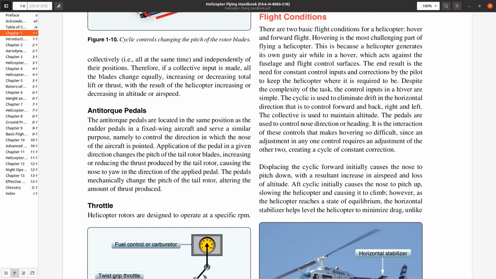There are two basic ways of being in flight in a helicopter. You're either hovering or you're going forward. Now, it's true that you could go backwards, but let's not go there just yet. Hovering is one of the most challenging parts about flying a helicopter. It's part of the reason that I like it.